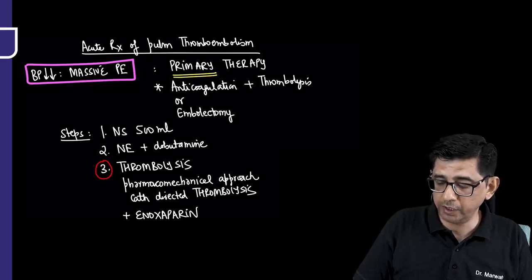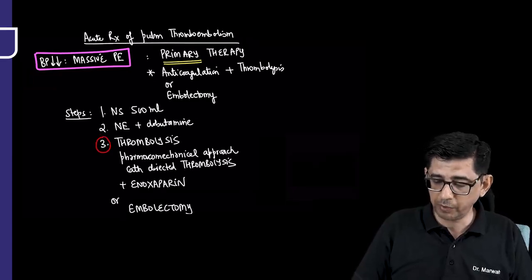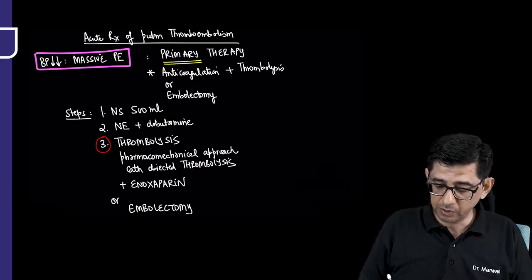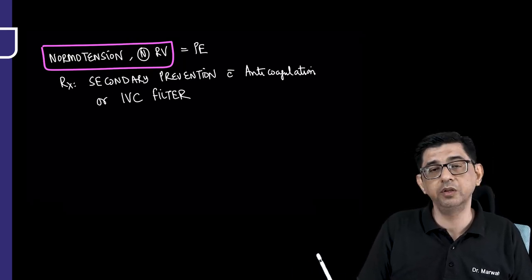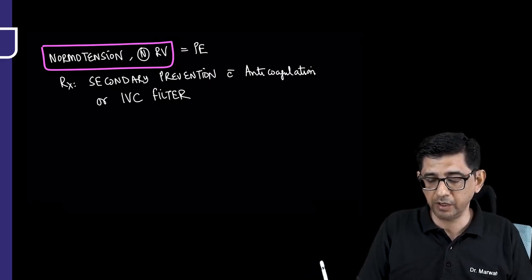It is a combination of anticoagulation with embolectomy. You don't need to remember all these steps. Just remember, primary therapy is a combination of anticoagulation plus thrombolysis. If he says what is the secondary prevention or secondary intervention that you're doing in this case, then it is plain anticoagulation or an IVC filter if there's a recurrence, and this would be done for cases of pulmonary embolism.